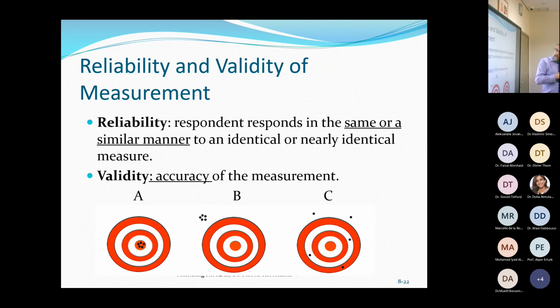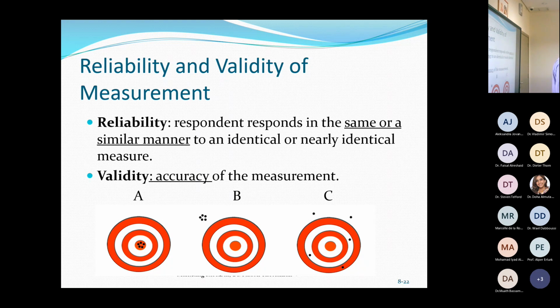Now, validity refers to the accuracy of the measurement. So imagine that I want to measure my height, and instead of using the tape measure, I'm stepping on a scale. A scale is measuring what? Your weight, not your height.